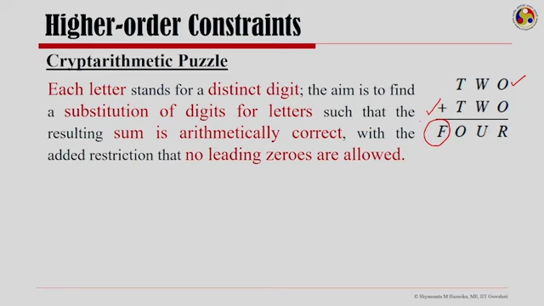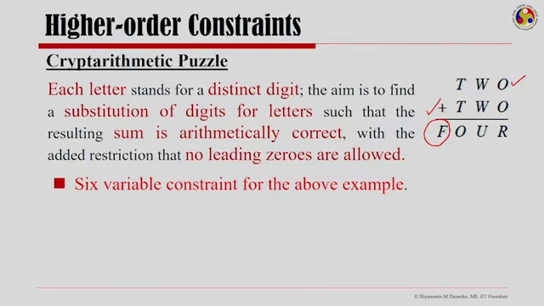When we are trying to solve such problems, we can see that for this small problem of saying 2 plus 2 is 4, we have 6 variables for the above example. This literally means that all 6 letters that we can think of, T, W, O, R, U and F, are together in a constraint.